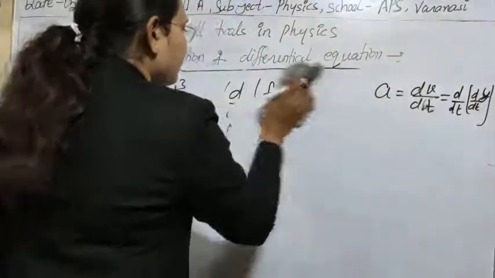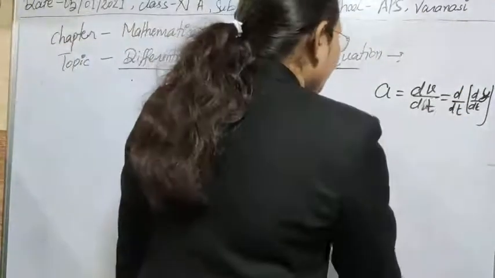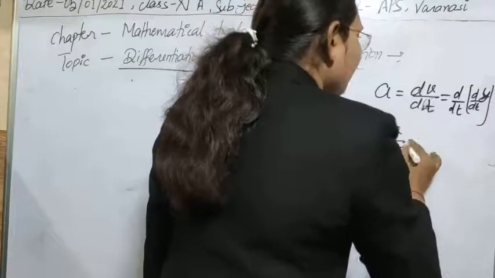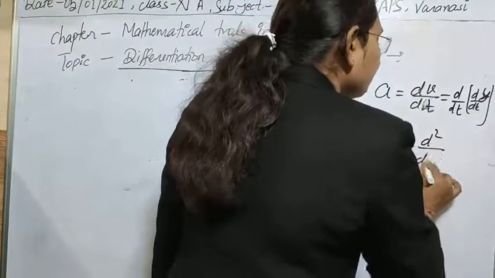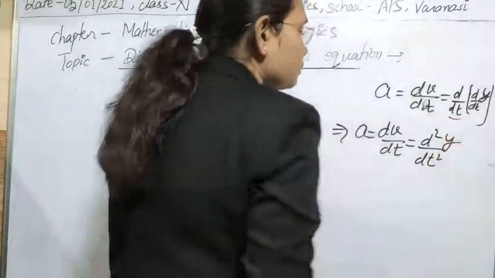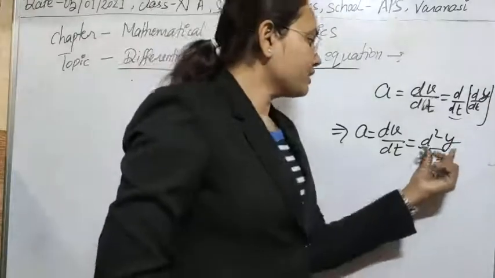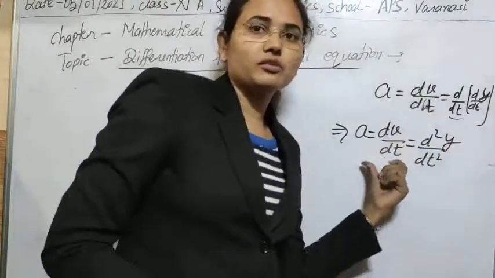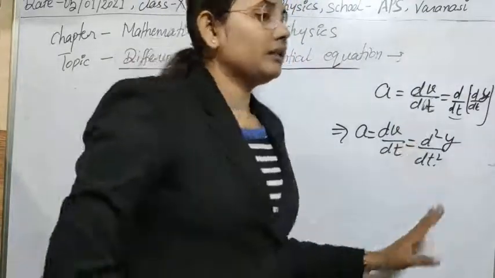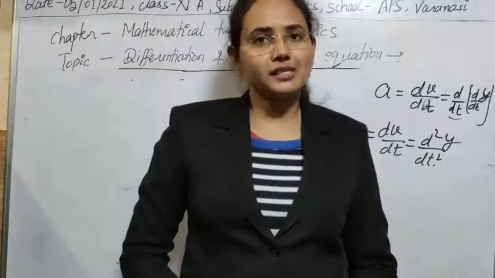So in this way, a is equal to dv by dt, or d2y upon dt2, as I just told you. Here we are using two times differentiation. So acceleration can be found by second order differentiation of displacement, or by first order differentiation of velocity. I think now it is clear where in physics we use different orders of differentiation.